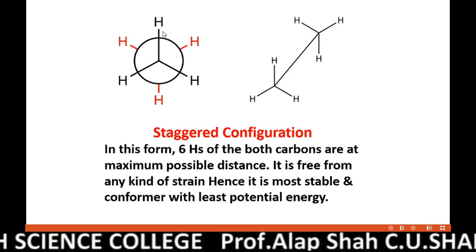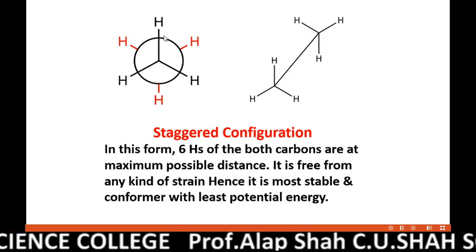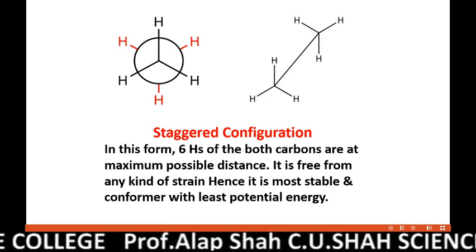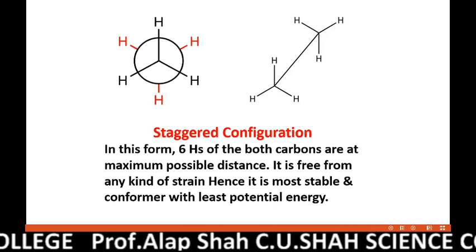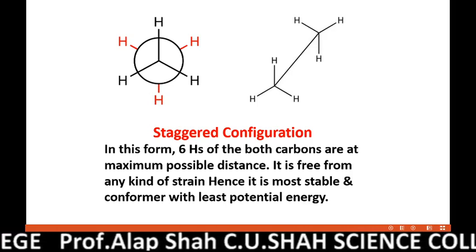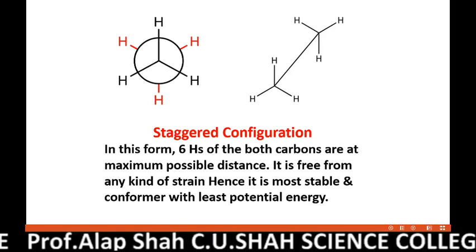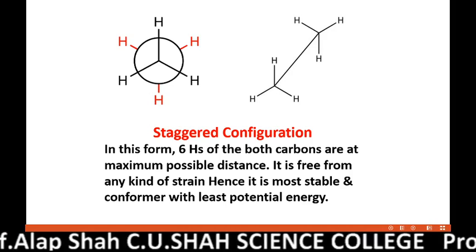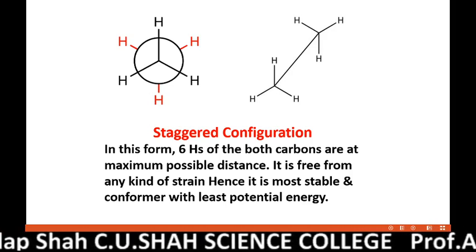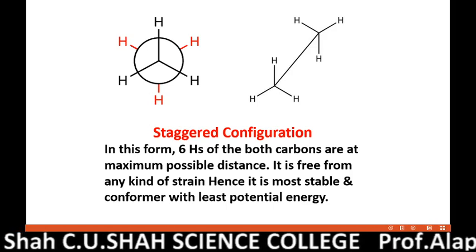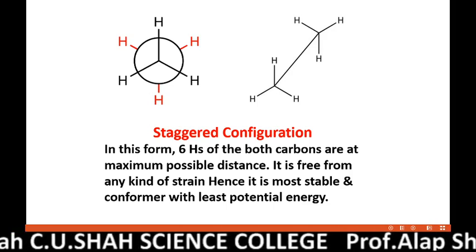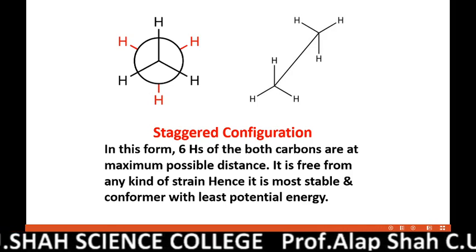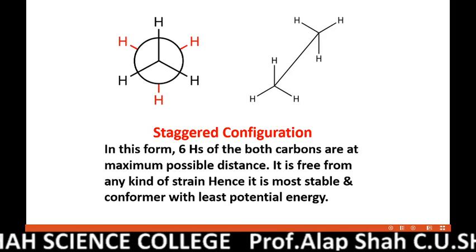The conformer is fully staggered, so it is also free from torsional strain, and as all the bonds are maximally spread from each other, there is no chance of repulsion. So this conformer is free from any kind of strain, and as a result it is the most stable conformer of ethane. And since it is most stable, in other words you can say that this conformer is the least energetic conformer of ethane.